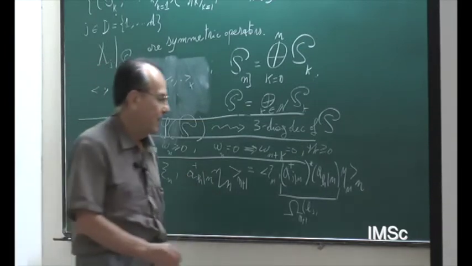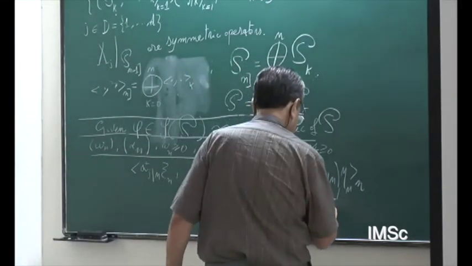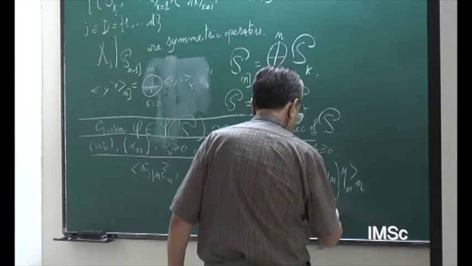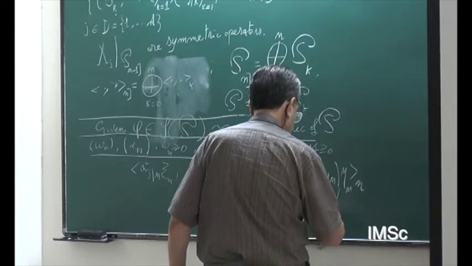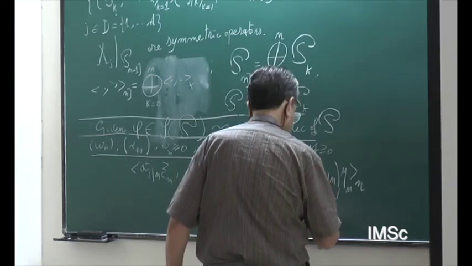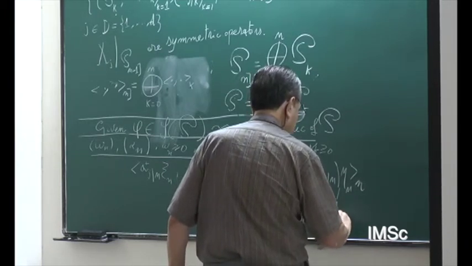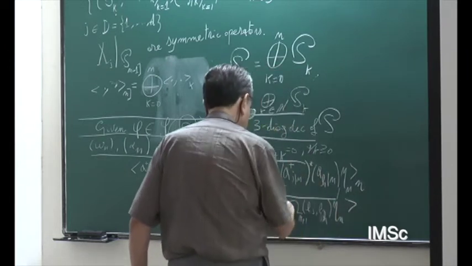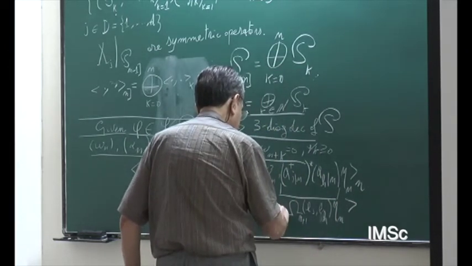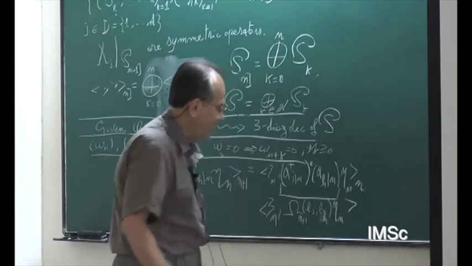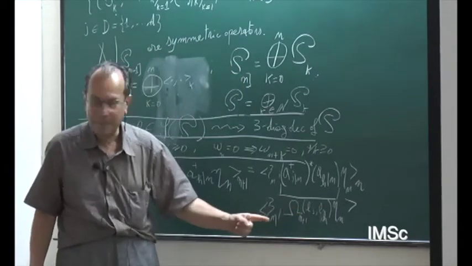So you see, this will be applied to eta n and multiplied by scalar product with Cn. So you see, this is a scalar product.